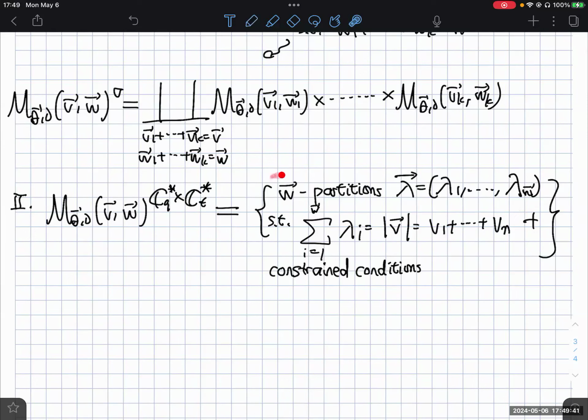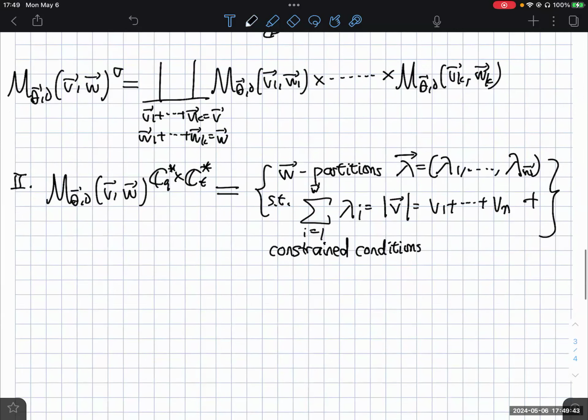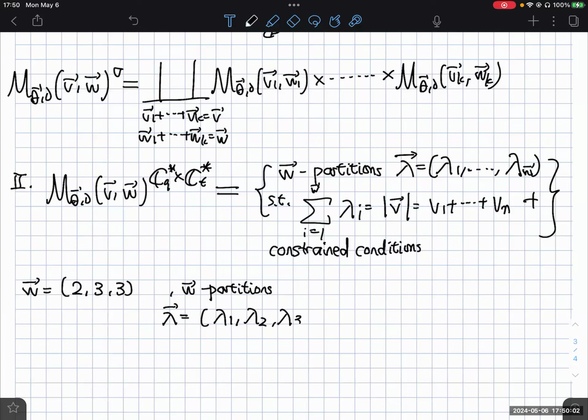What does it mean to say W-partitions? It means the following: suppose my vector is 2, 3, 3, then a W-partition just means I have a bunch of partitions of integers, denoted by lambda 1, lambda 2, lambda 3, lambda 4, lambda 5, lambda 6, lambda 7, lambda 8.